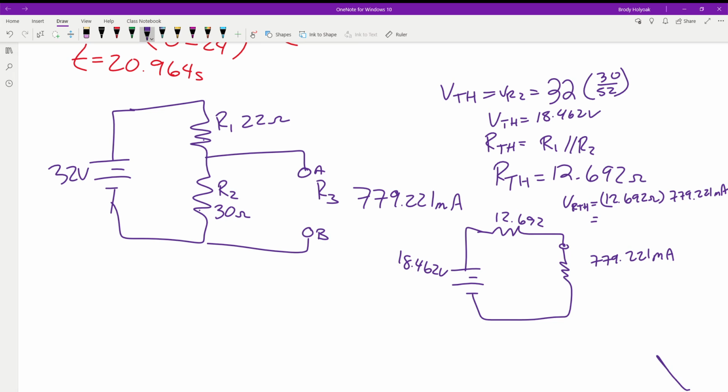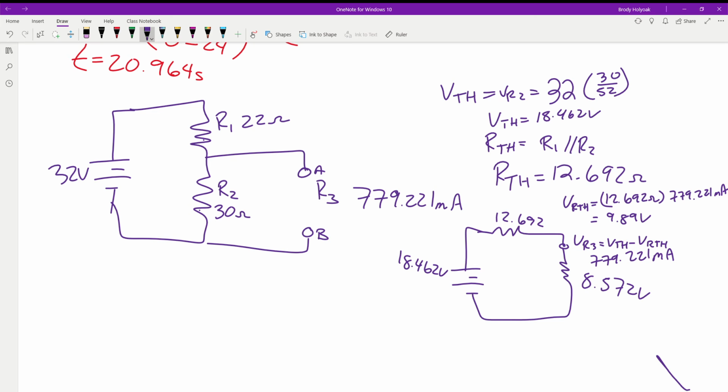So this guy is dropping 9.89 volts out of our 18. VR3 is equal to the V Thevenin minus the VR Thevenin. Again, they're just labels. So we have 18.462 subtracted from the 9.89. 8.572 volts being dropped across R3.